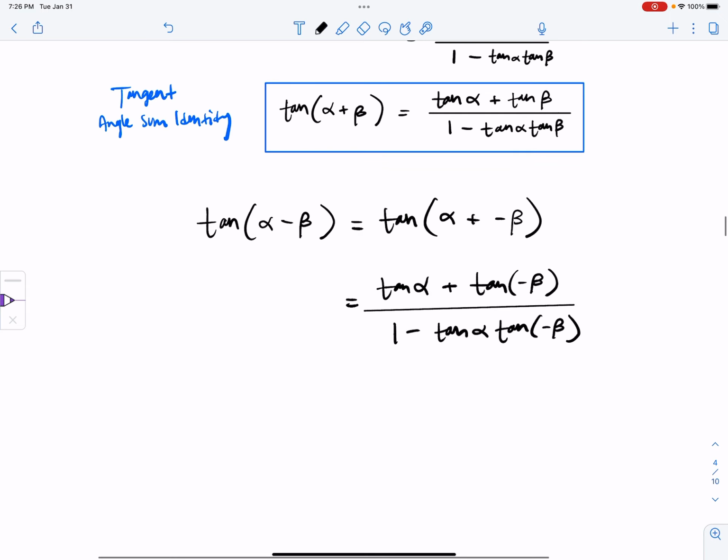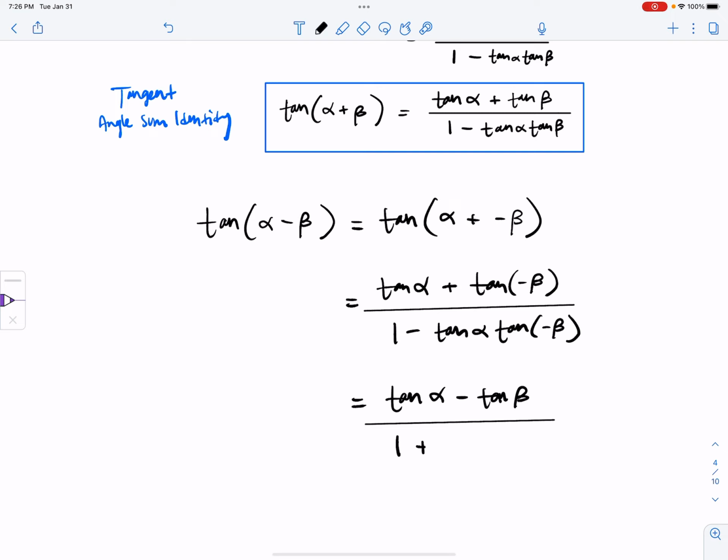And then we know that tangent is odd. So this will simplify to be tan alpha minus tan beta over 1 plus tan alpha tan beta.